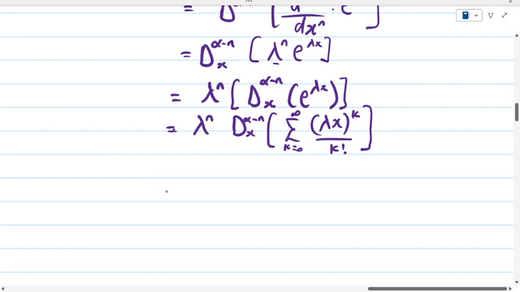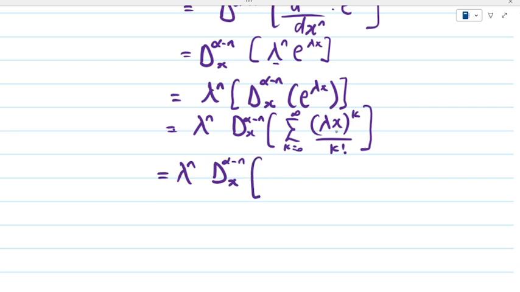Okay, so here we have lambda n, then the fractional derivative of x. Then I can split this to have lambda k and x to the k, and since I'm only differentiating with respect to x, lambda k becomes a constant, which I can bring outside.